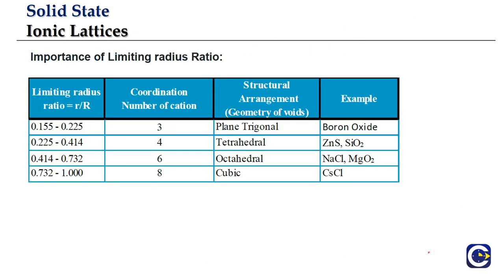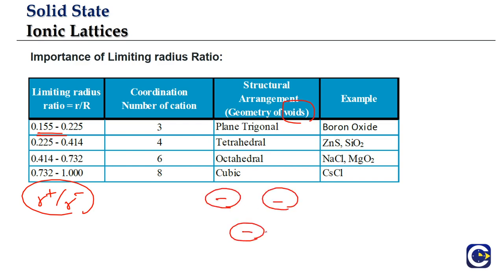So if you look at the examples that we have, if the radius ratio between the cations and anions, the radius of the cation by the radius of the anion, is in the range of 0.155 to 0.225, then the geometry of the void will be plane trigonal, which means if we have three anions occupying the corners of an equilateral triangle, then the void that is created in between them is what we will be calling the plane trigonal void.